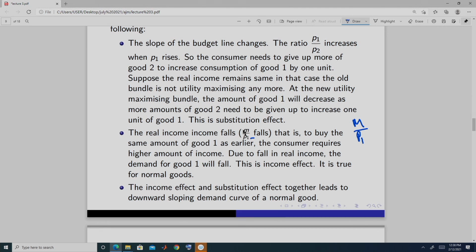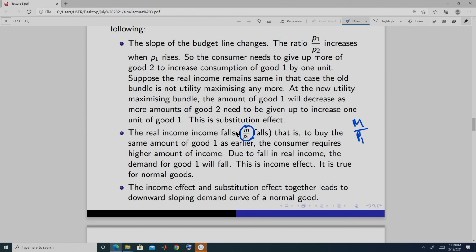And it will shift in such a way that some of the bundles of good 1 which were earlier affordable are now not affordable. So that's why we will reduce our demand for good 1. Because in real terms our income has gone down. Okay, this is the income effect.